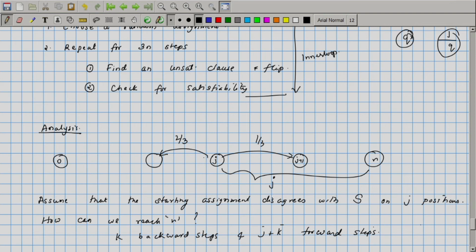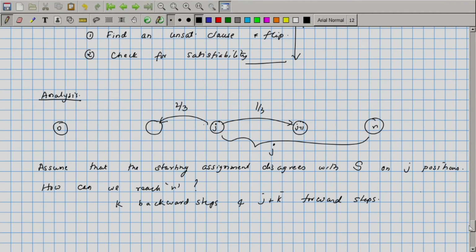Okay. So, at some point if you have j plus k forward steps and k backward steps, you would have gone j steps forward, okay, and then you would have reached a satisfying assignment. What is the probability of that happening?